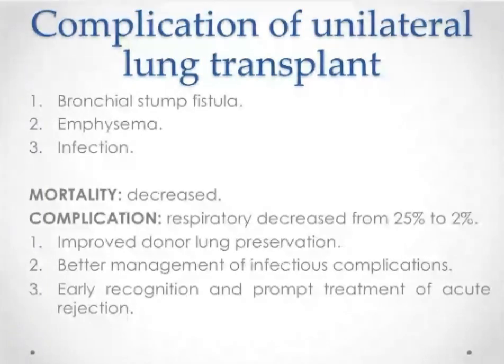It improved our knowledge about transplantation, so the mortality rate has decreased to only 2% now. Previously, it was more than 25%. This is because of the development of good lung preservation, better management of infectious complications, and early recognition and prompt treatment of acute rejection.